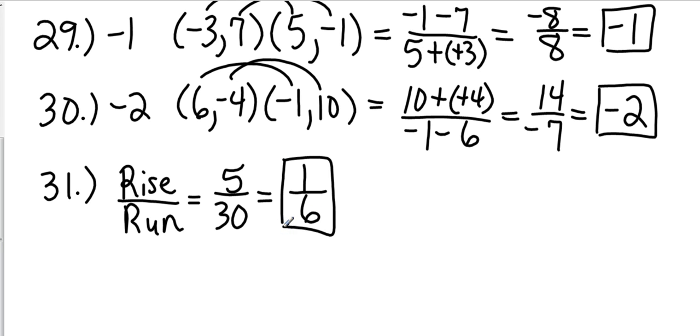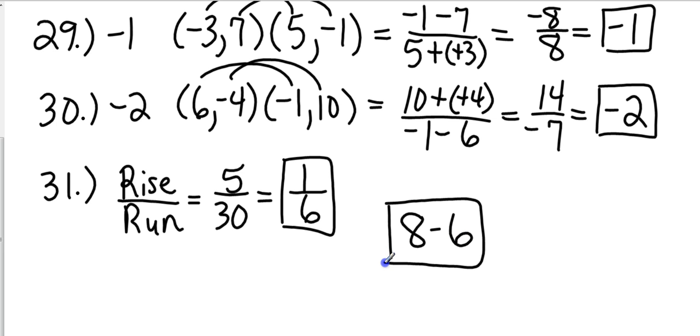So 1/6. Okay? And all of this was chapter 8, section 6. So this was on slope. All right? So we'll go ahead and continue to a new section.